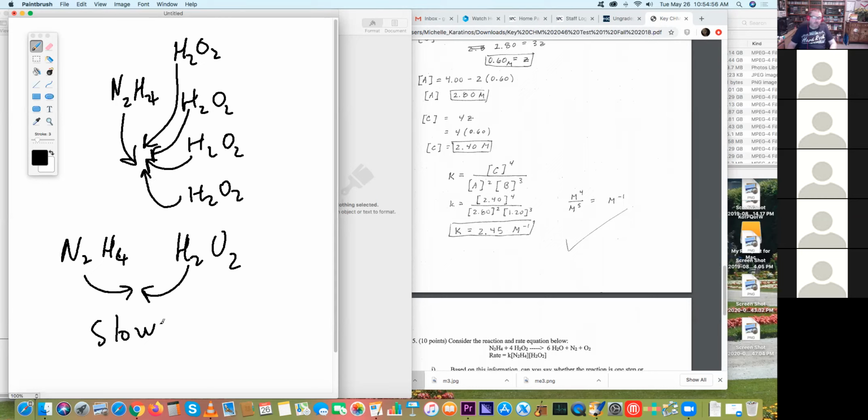There are also some other steps that are faster, but because the rate is determined by this equation, it's only going to involve one molecule of each of N2H4 and H2O2. I'd really encourage you to go back and look at the video for the introduction, to get more of a grounding of what I'm talking about. But the point is that the rate equation tells you what molecules are involved in the slow step.